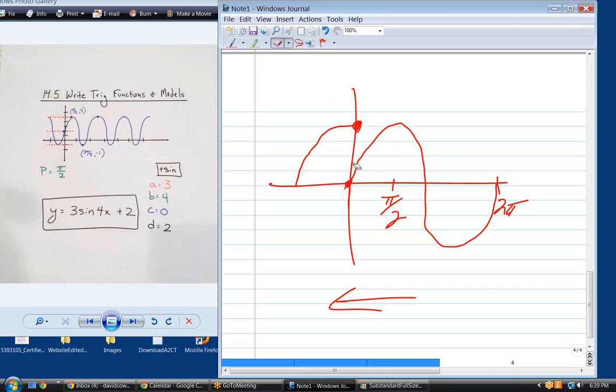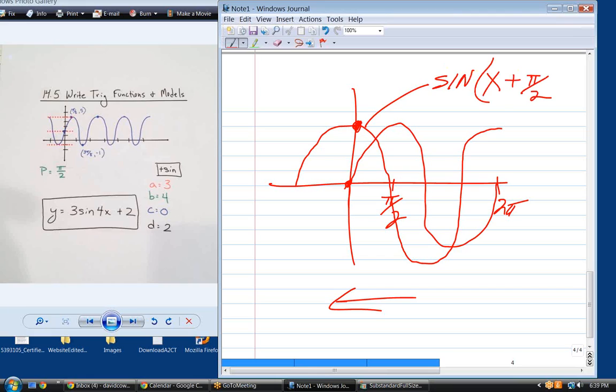Hold on, let me draw it a little bit better. So this red line right there, I could say, okay, that represents a sine curve that's been phase shifted to the left by pi over 2. So that is a sine curve that's phase shifted. But it's also exactly a cosine curve.